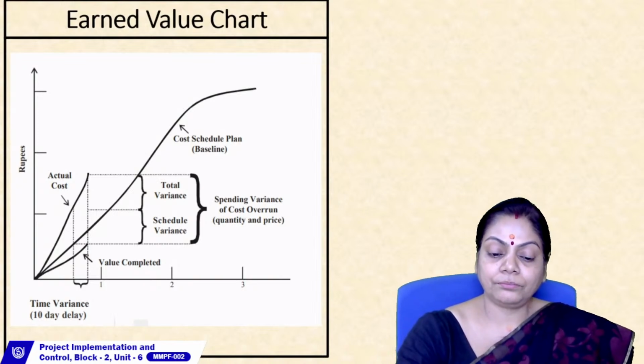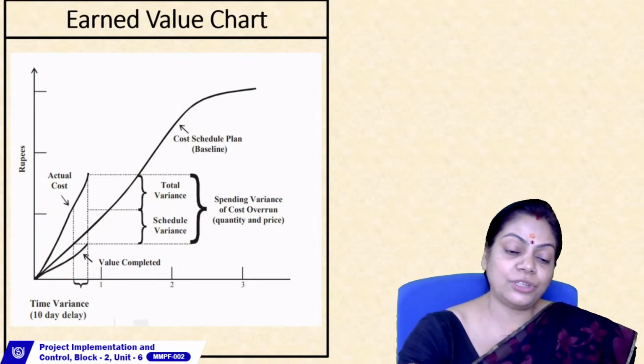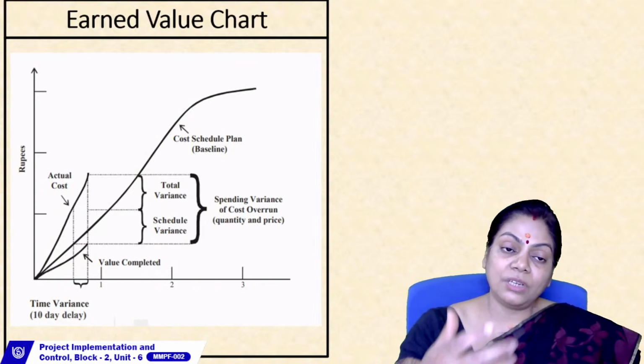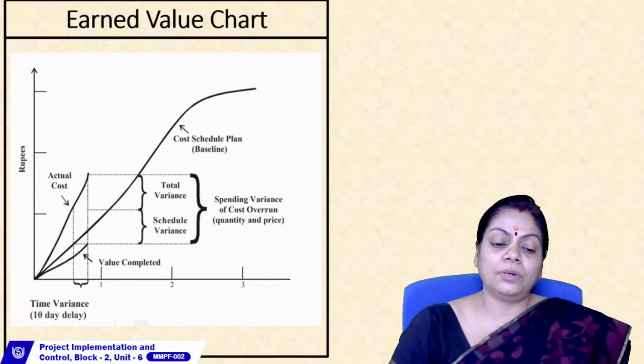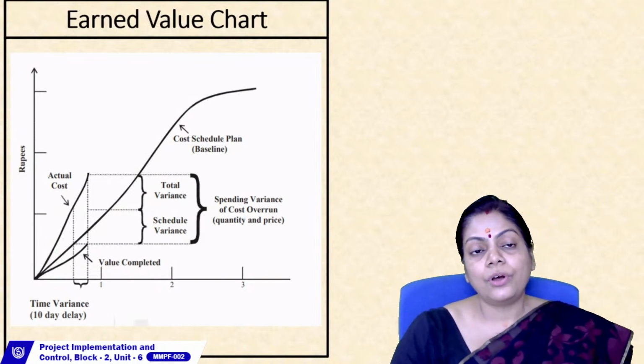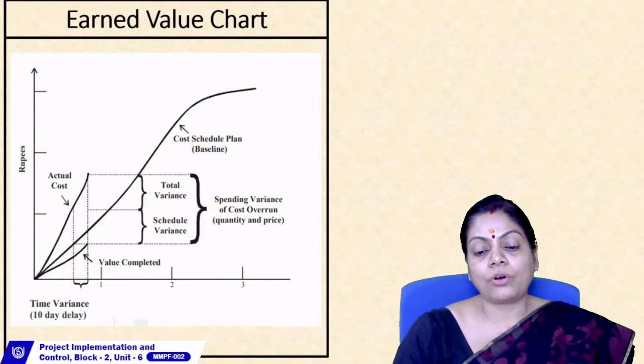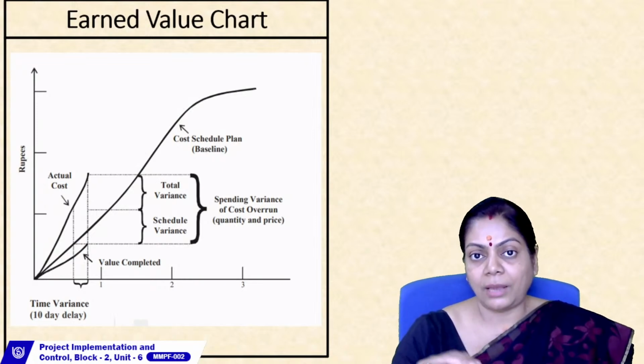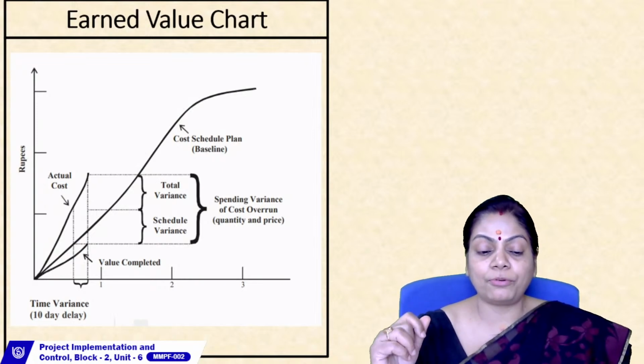Now this kind of chart, the earned value chart, shows the overshooting of cost and the falling short or underrun of performance.